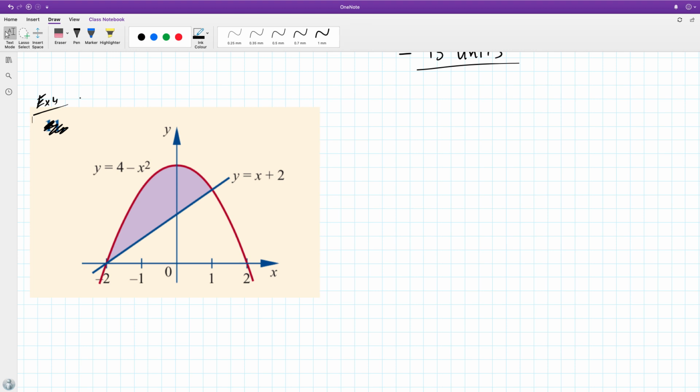So first thing, we've got to logically figure out what we're doing here.